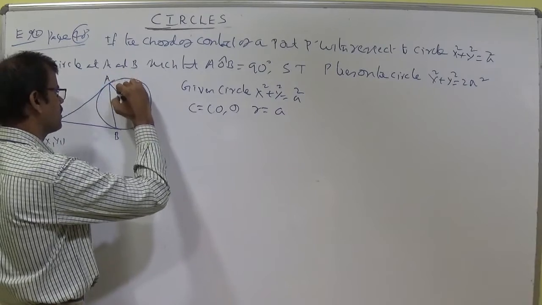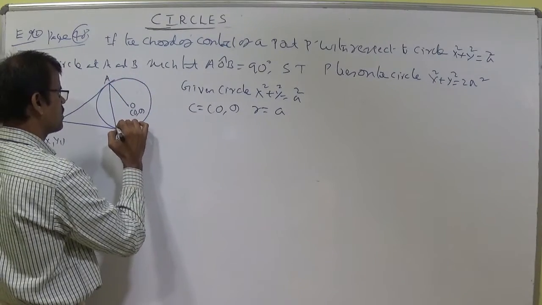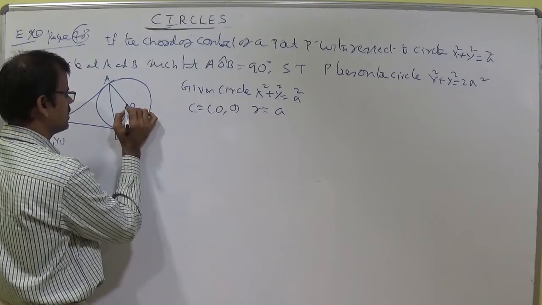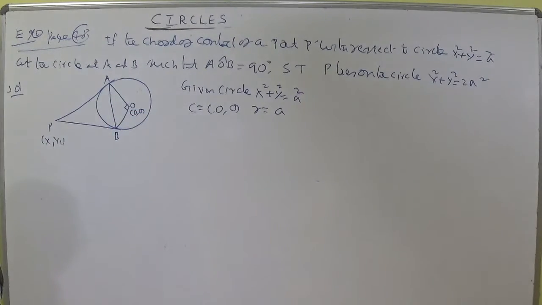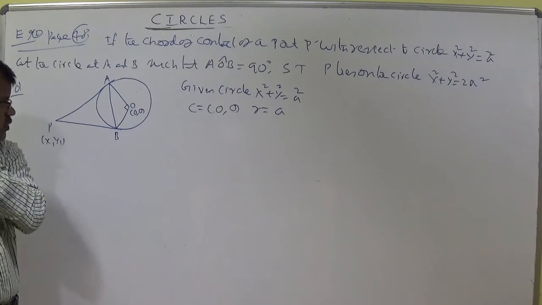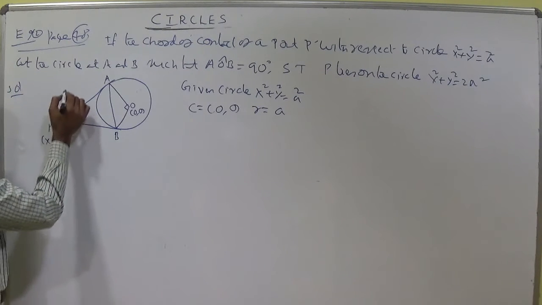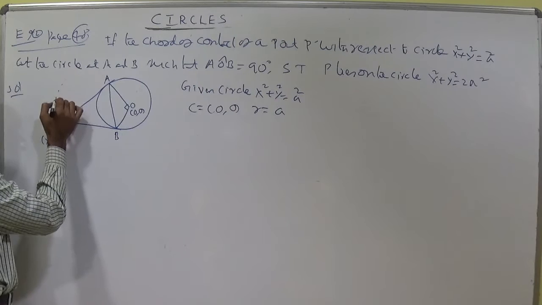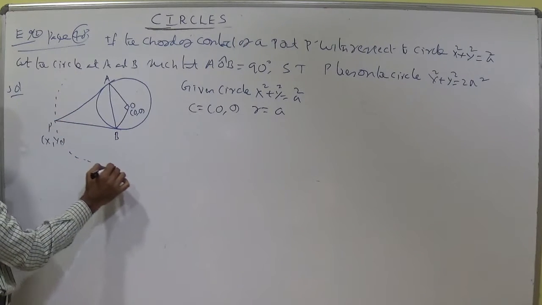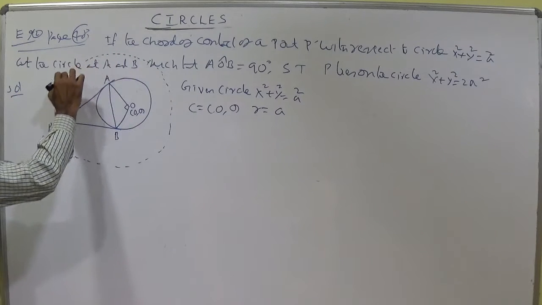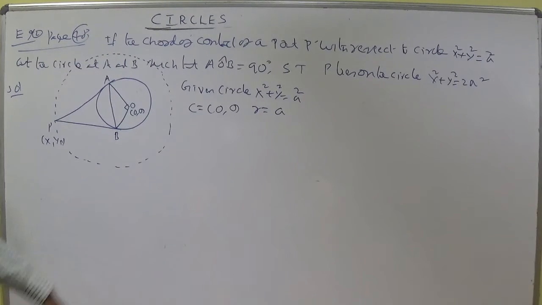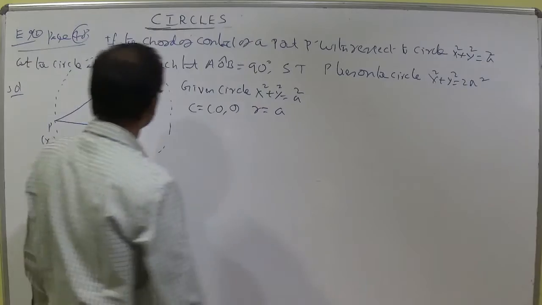If the chord is making 90 degrees here, then show that P lies on the circle. In such a case, he is discussing the locus of P: P lies on the circle x square plus y square is equal to 2a square.